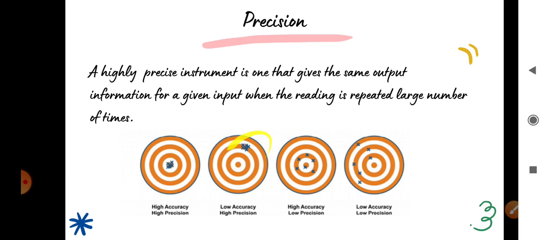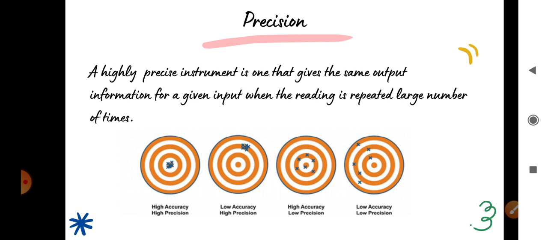In the second diagram, these variables are close to each other, but they are away from the true value xt at the center, so this is low accuracy and high precision.